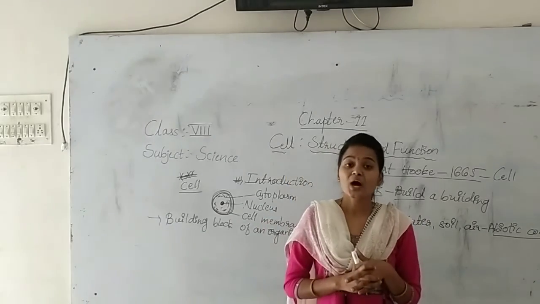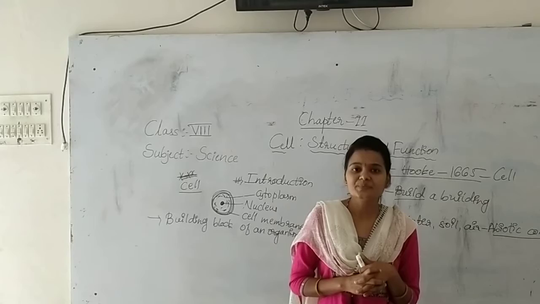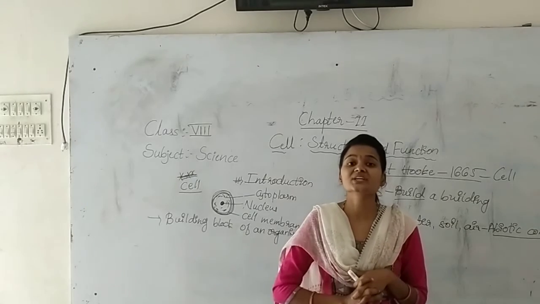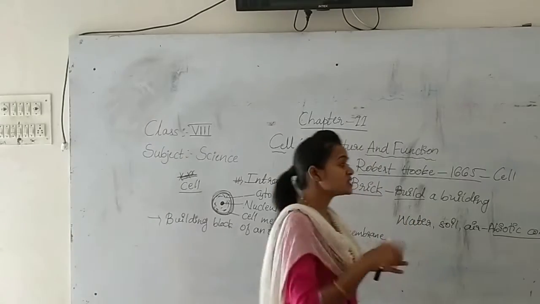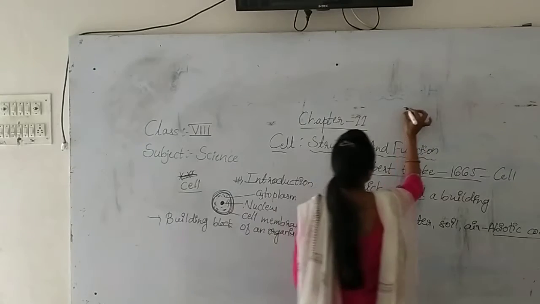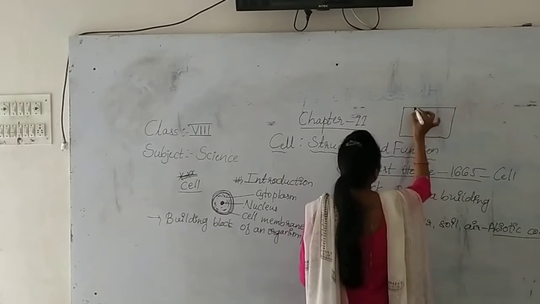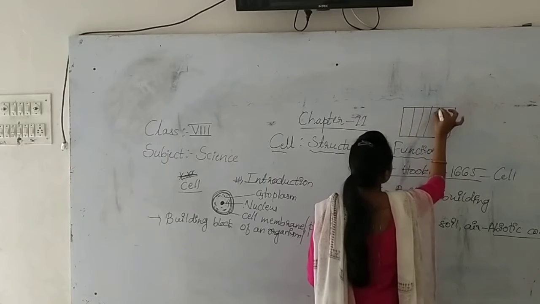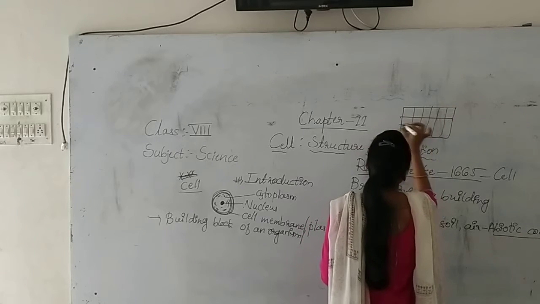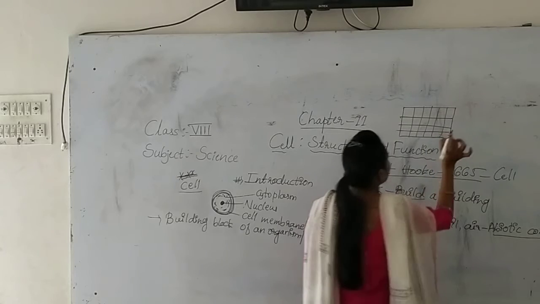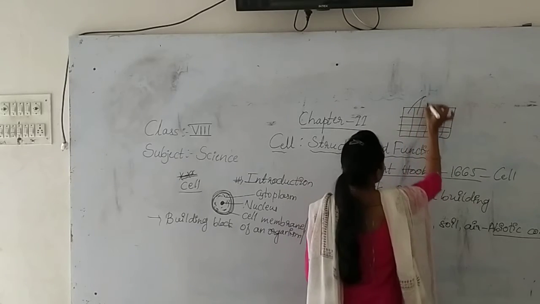See here students, Robert Hooke observed a slice of cork. What did he observe? A slice of cork from under the bark of a tree. He observed that the cork looked like boxes.